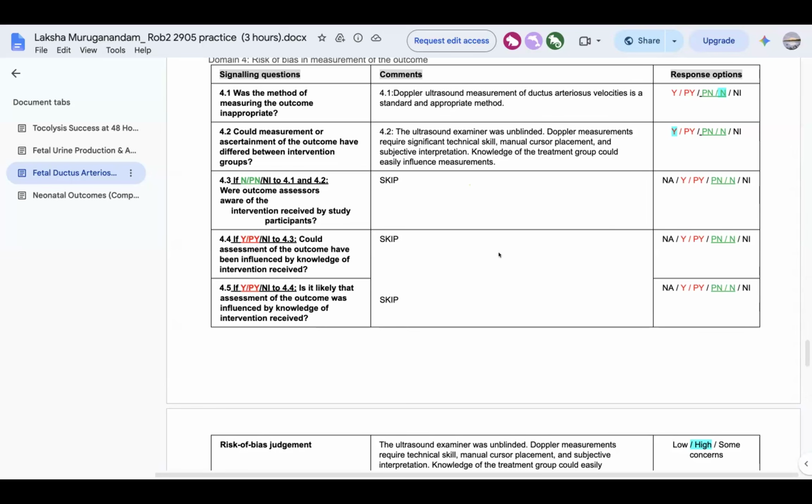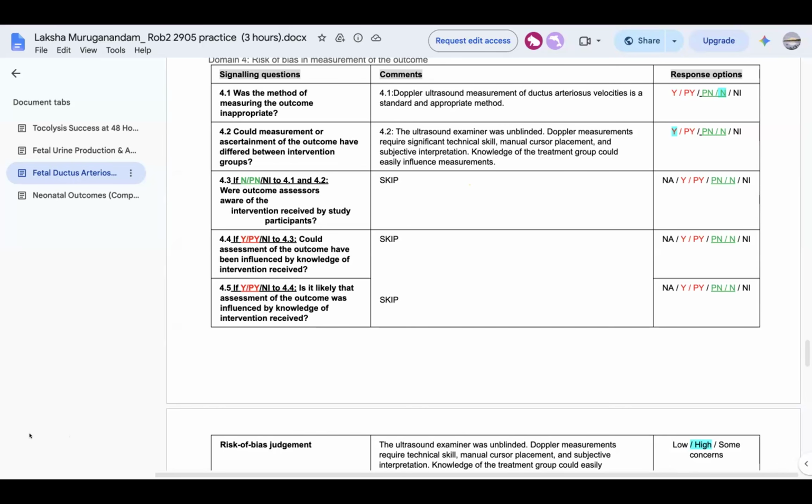It's the same tool, it's not like they used different tools to measure it. So for 4.2, I would go with probably no. I think we agreed on probably no originally, right? Yes, we did. Okay, and then for 4.3, it would be yes, since they were aware.